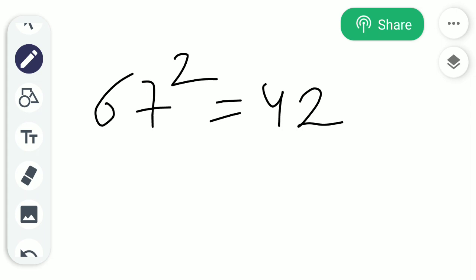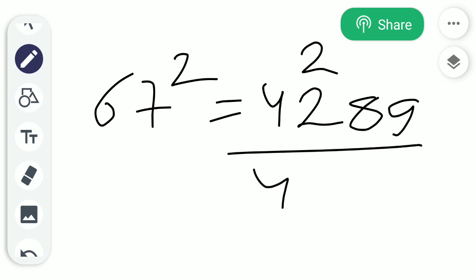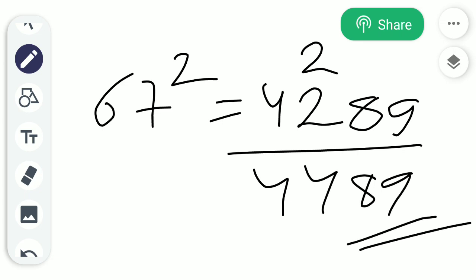And the square of 17 is 289. See how to write 289: 2 is carry and we write 89 here. So 4489. This is the square of 67. This method is really very fast.